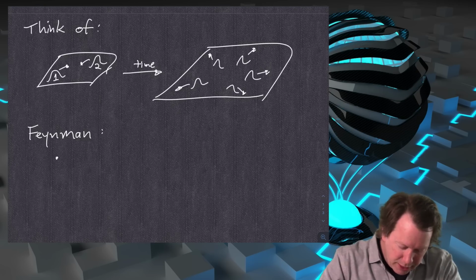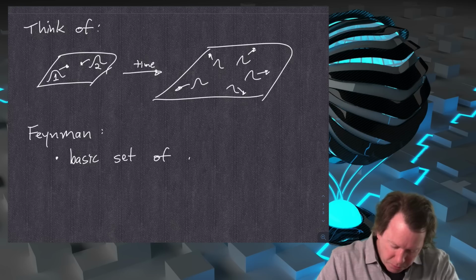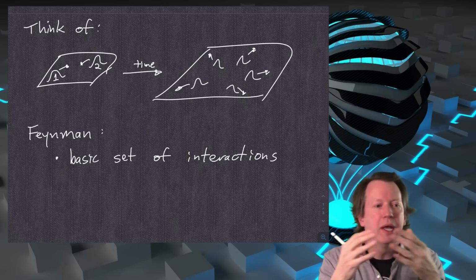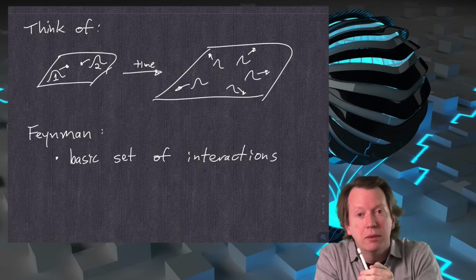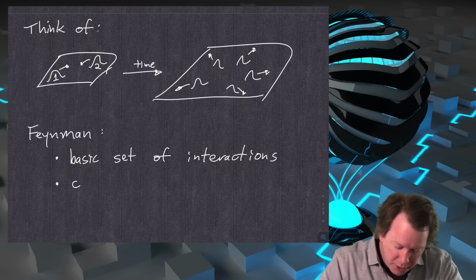So he said that we can think of some basic set of interactions. By an interaction, I mean, let's say an electron can absorb a photon. That's an example of an interaction. And then we combine them in all possible ways.